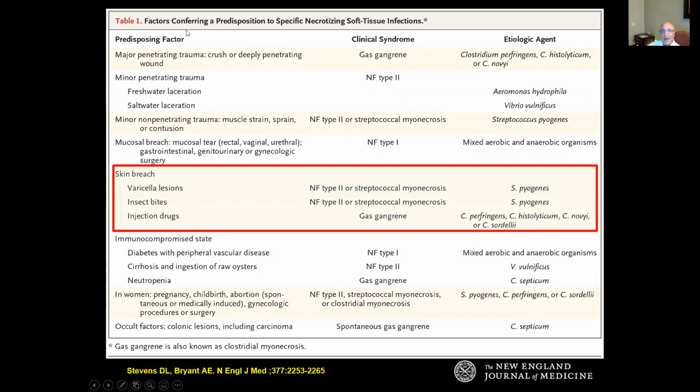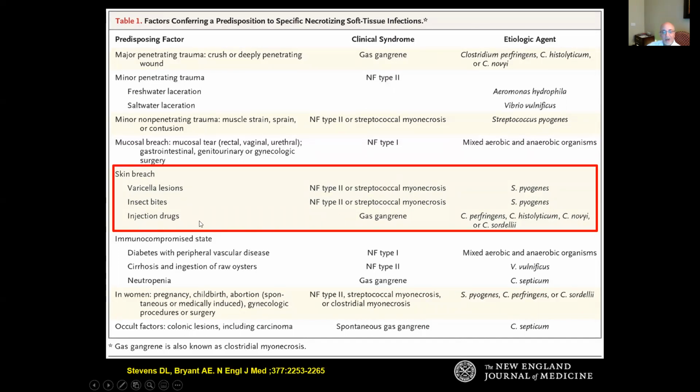Let us consider the factors first that confer a predisposition to necrotizing soft tissue infections. As I mentioned, generally one looks for a skin breach, which could be a paper cut or a knife cut, but it may be varicella lesions or acne, insect bites, or injection of drugs. Usually a skin break will result in type 2 necrotizing fasciitis, which is generally streptococcal myonecrosis from strep pyogenes or group A strep.